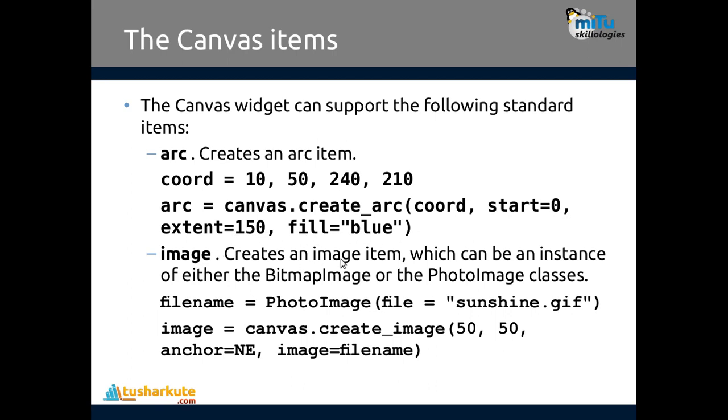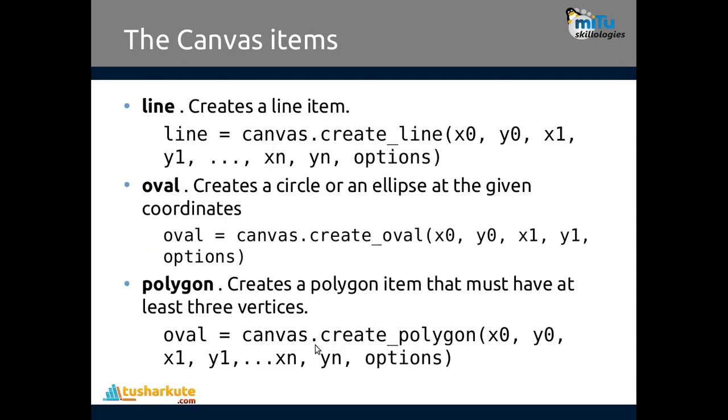Similar to that, we can add an image also, but I will show the image method separately. Here an image is possible by using the PhotoImage class: create an object of it and give a file name, and then using create_image you put that image somewhere on the canvas. We can draw a line also from positions x0, y0 to x1, y1. Any number of lines are possible with create_line.